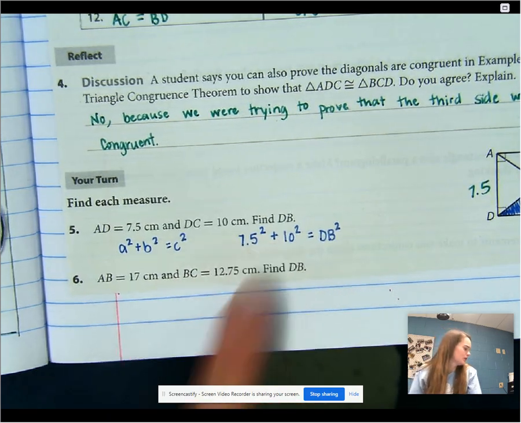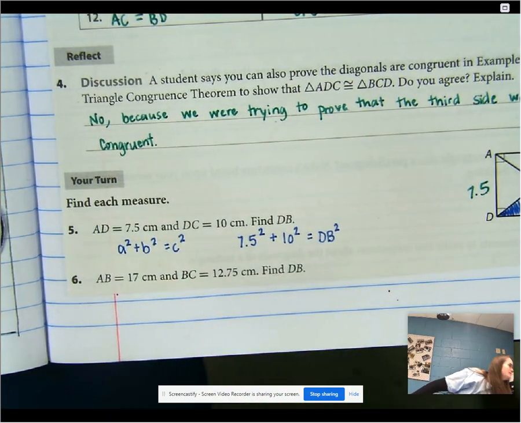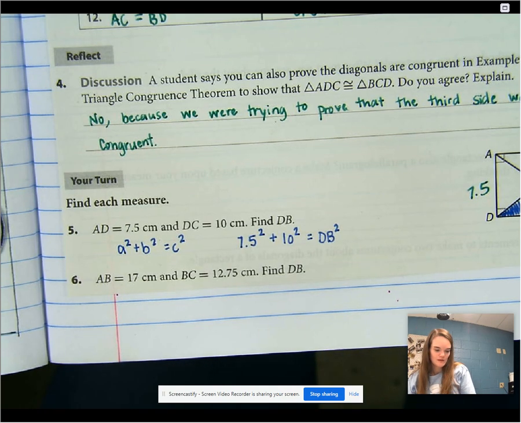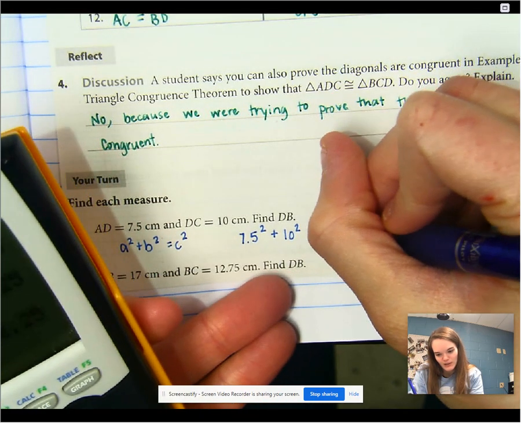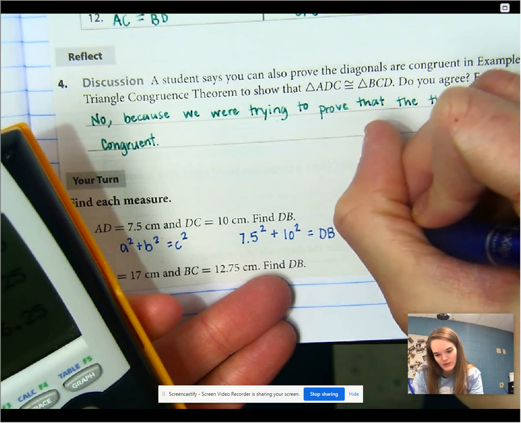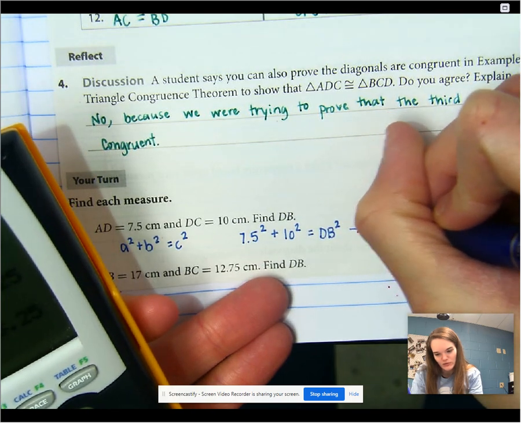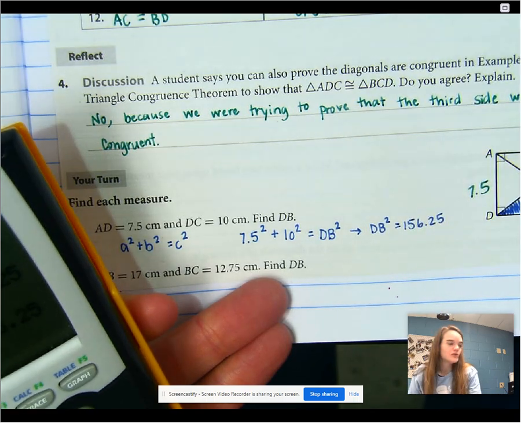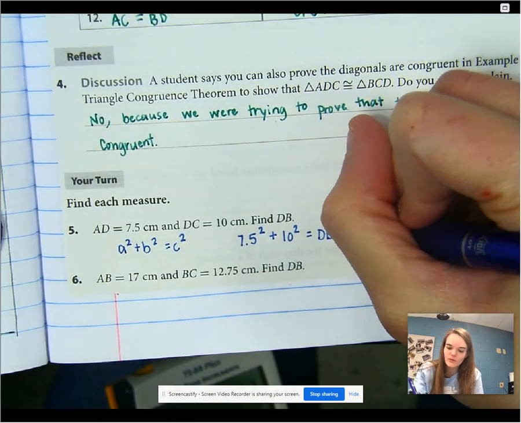I'm going to type this part in my calculator. 7.5 squared plus 10 squared. That means DB squared is 156.25. So to find DB, I'm going to take the square root.